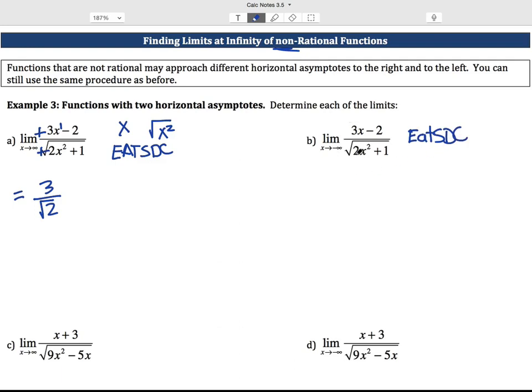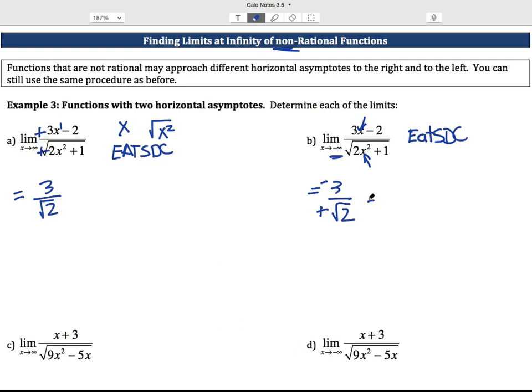So we're going to divide these coefficients. So again, it's going to be 3 over the square root of 2. But now you have to check. We're going to negative infinity. So if I plug a negative number into the denominator, that negative will get squared and we're going to get positive. So we will be left with a positive value in the denominator. And in the numerator, if I plug a negative value in for x, it's going to make the numerator negative.